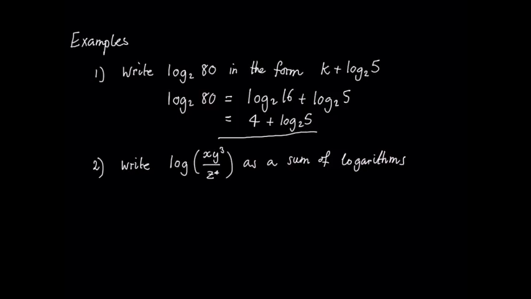In the second example, we're going to write log of xy all cubed divided by z to the power of 4 as a sum of logarithms. So we've got a product of x and y cubed on the top, and we're dividing by z to the power of 4. So we can write this as log of xy cubed minus log of z to the power of 4.